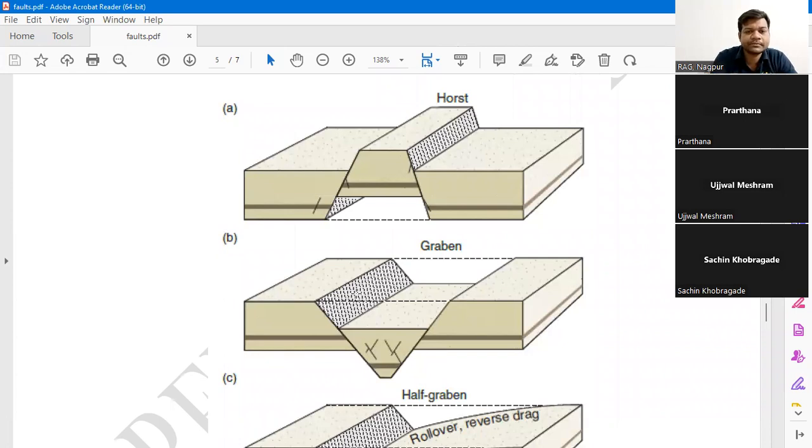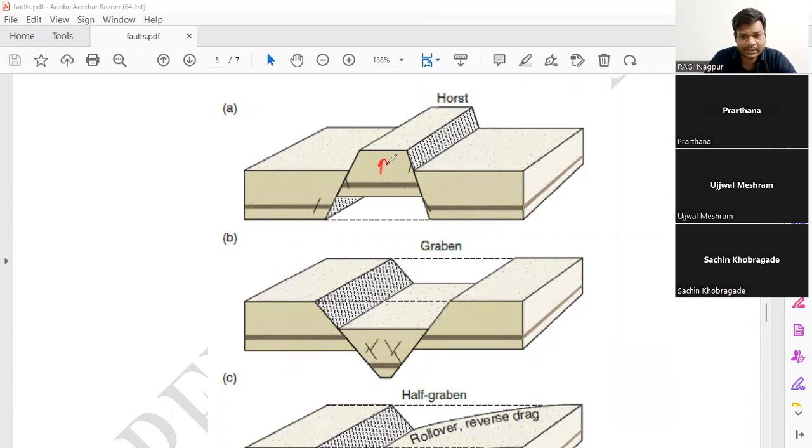Now see here, this is the horst. This is the central block which has been uplifted or upthrown. These are the two normal faults, fault A and fault B, and these two blocks are dipping away from each other.